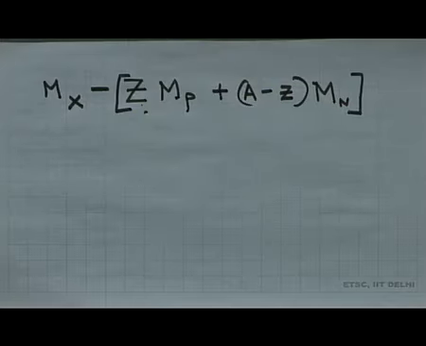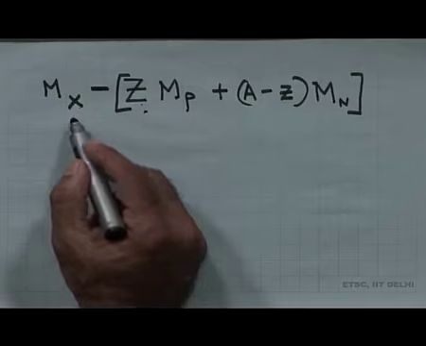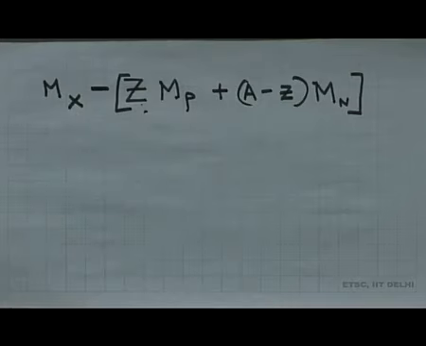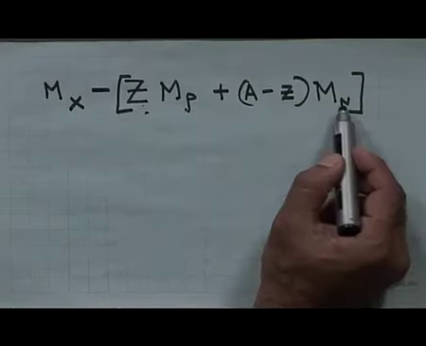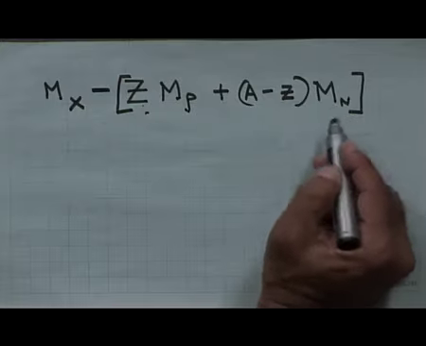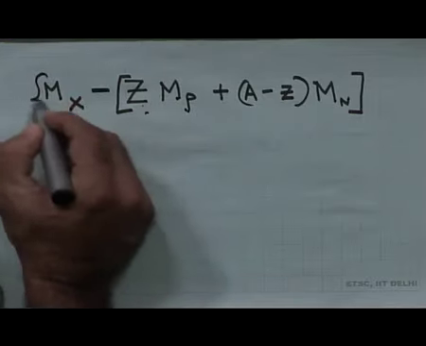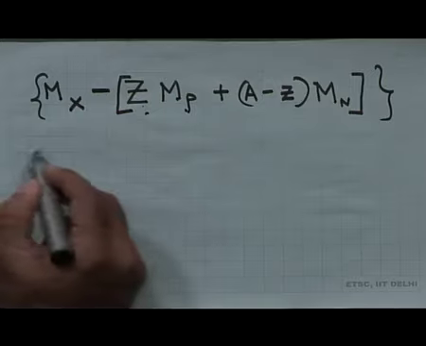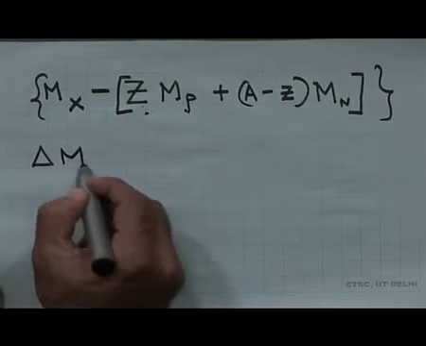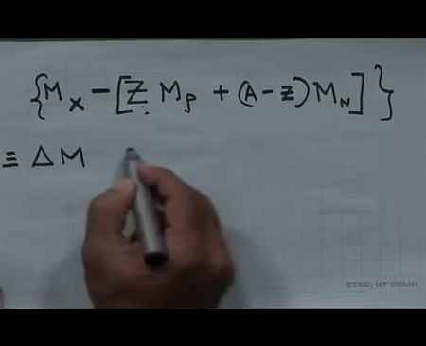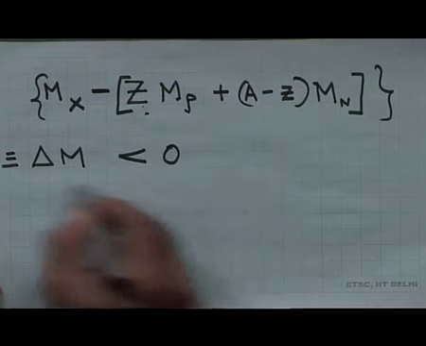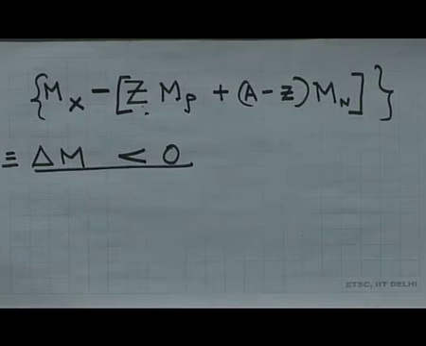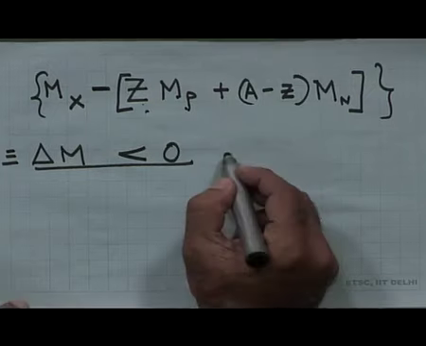I say that this nucleus is bound because I have to supply energy in order to remove the protons and neutrons. So what does it mean? If I look at this quantity and I call it delta m, this must be less than 0. Now we are not speaking of mass, but we are speaking of energy. So I should modify that.